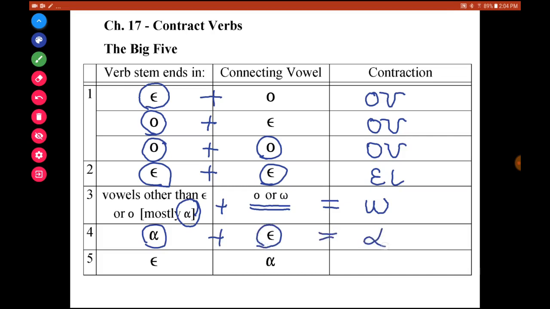If you recall, we learned that alpha is a vowel that can be either short or long. When you add the connecting vowel epsilon to it, it decides to become long, the epsilon drops, and the vowel contraction you see is the alpha. And the fifth rule, or the last rule of the Big Five, is when the stem ends with an epsilon and you add to it the alpha and it becomes an eta. And those are the Big Five rules.